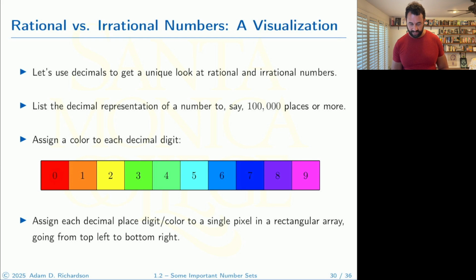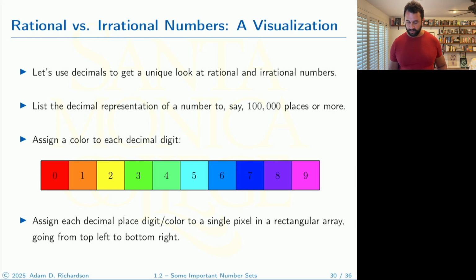So 0 will be red. One is going to be orange, two is yellow, three is green, four is like an aquamarine, five is a light blue, six is a blue, seven is a dark blue, eight is purple, and nine is a pinkish purple. So those digits are going to correspond to those colors.